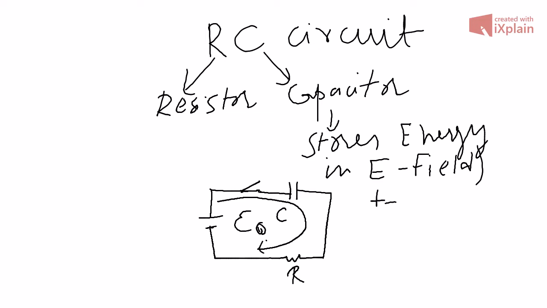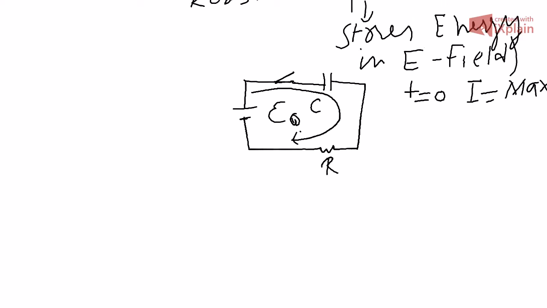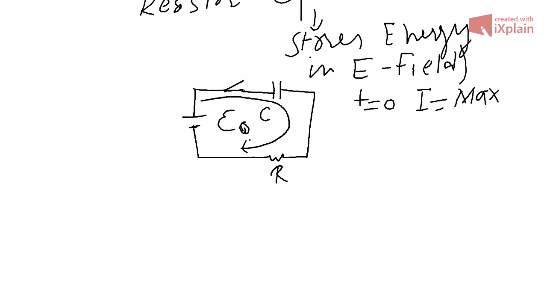At t equals 0 the current is maximum across the circuit, and Vc, the voltage across the capacitor, is 0. Initially the voltage across the capacitor is 0 because initially the capacitor acts as a normal wire.